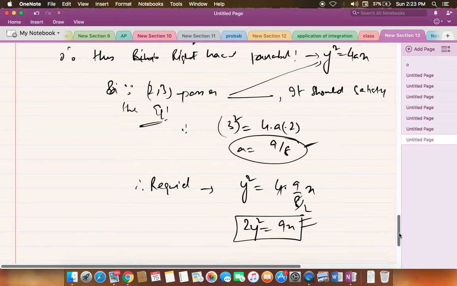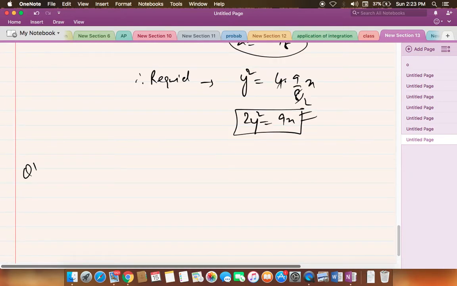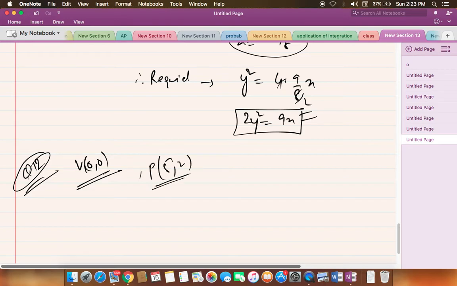Now question number 12, you have to do it on your own. The vertex has been given to you as 0 comma 0 and again it passes through 5 comma 2, with respect to the y-axis.